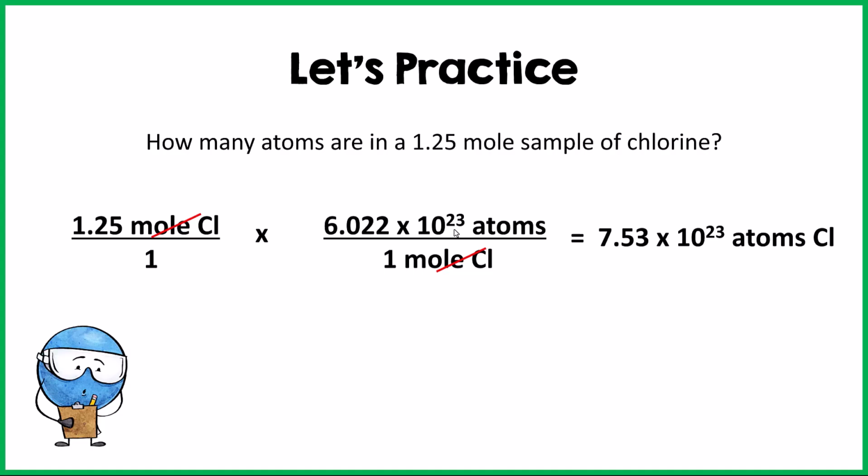So that leaves us with atoms on the top because there are 6.022 times 10 to the 23rd atoms in every 1 mole of chlorine. And we're going to cancel those units out, and our answer is going to be 7.53 times 10 to the 23rd atoms of chlorine. 3 sig figs, 3 sig figs, and so we're finished.